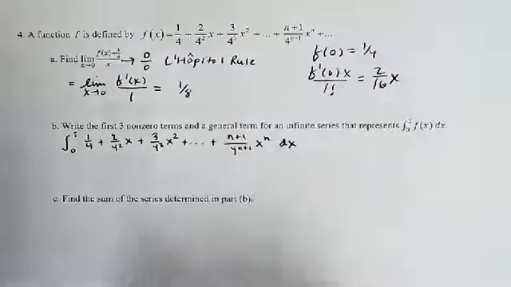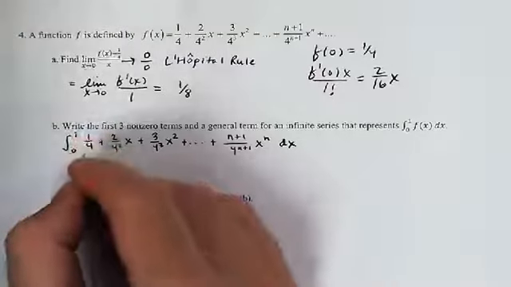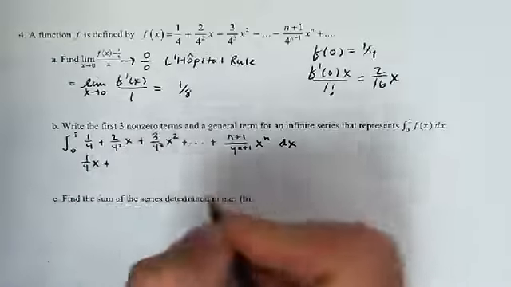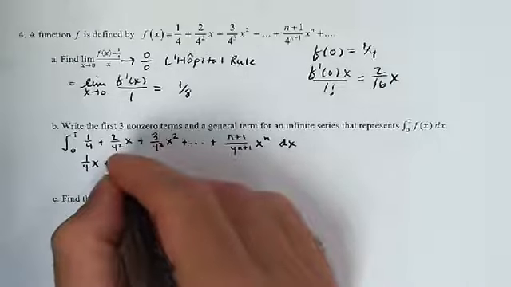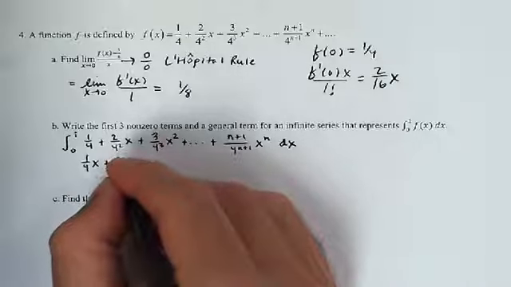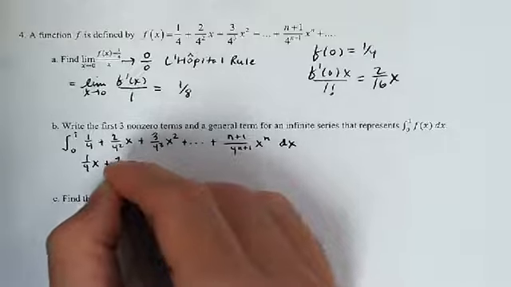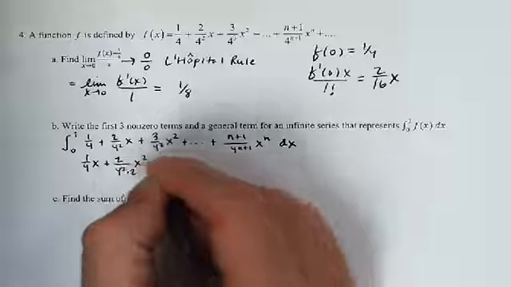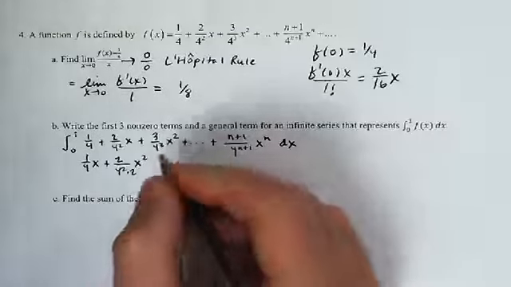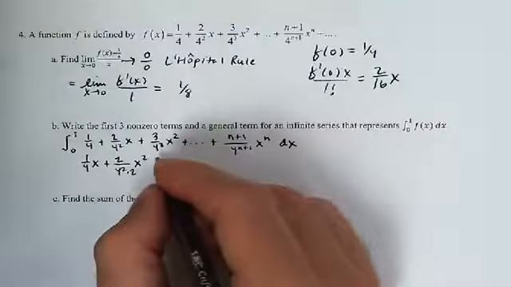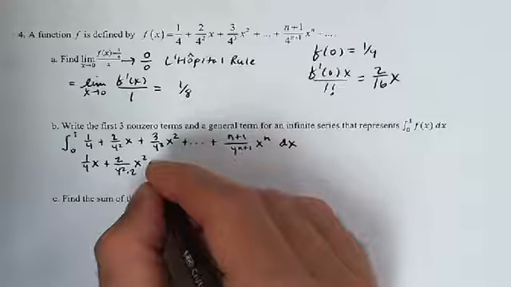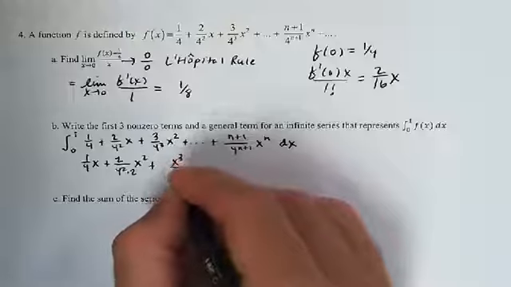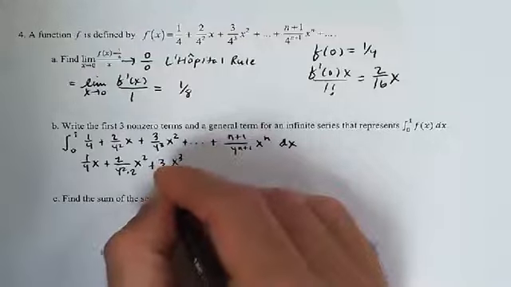First step, find an antiderivative. Plus 2 over 4 squared multiplied by x to the 2, divided by 2. There's not nearly enough room on this problem to do what they're asking, but it's all right. Plus x to the third over 3 times 3 over 4 to the third.